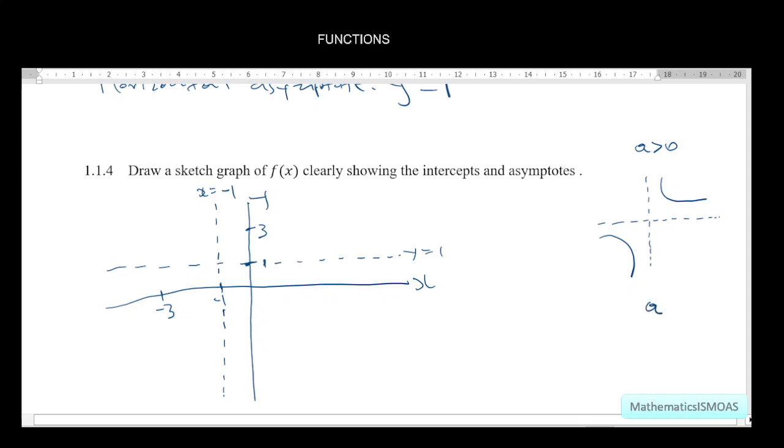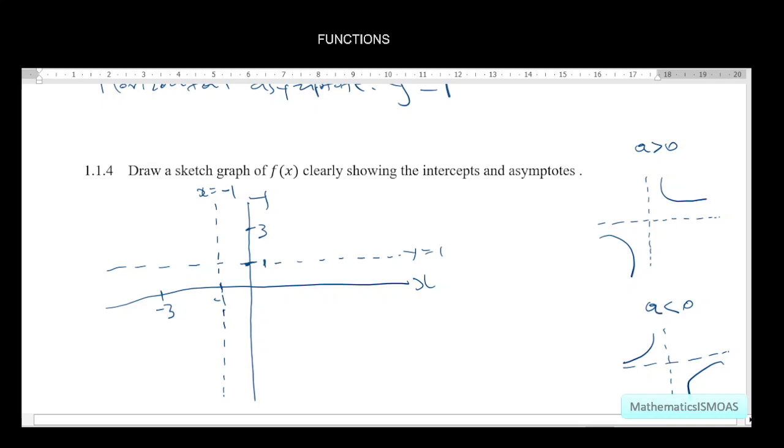Then when A is less than 0, your graph will lie in the second quadrant of the asymptotes and the fourth quadrant of the asymptotes.